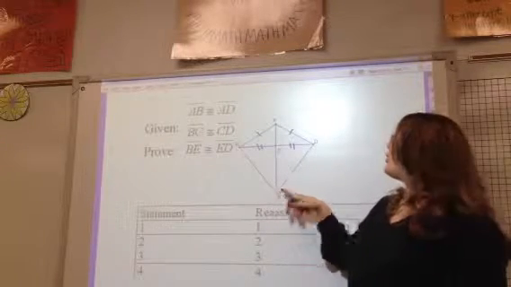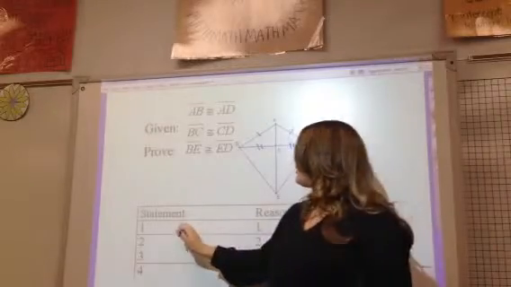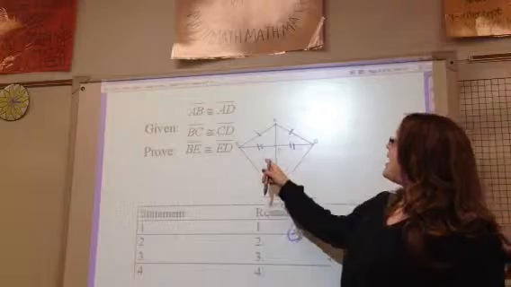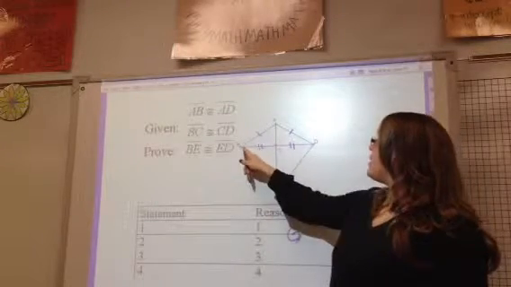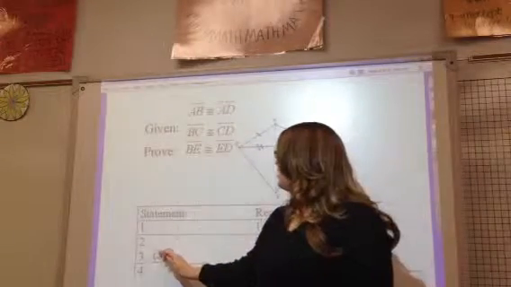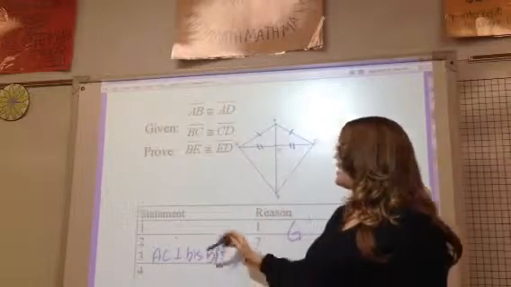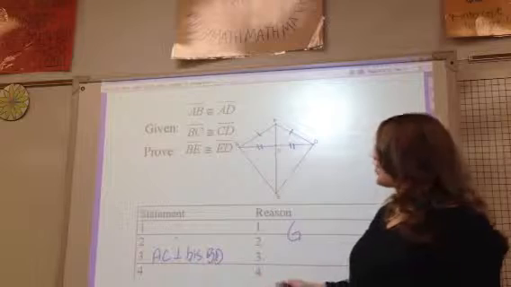segments. So the first thing I'm going to do is I'm going to put in my givens, pretend I wrote them down there. I know that that's going to be a perpendicular bisector to BD, again, because I have 2 points that are equidistant.